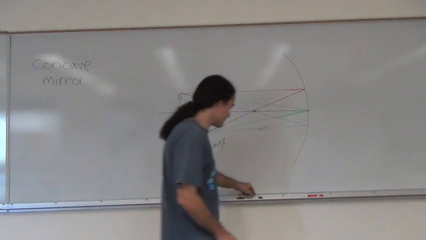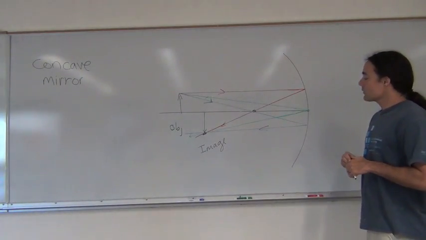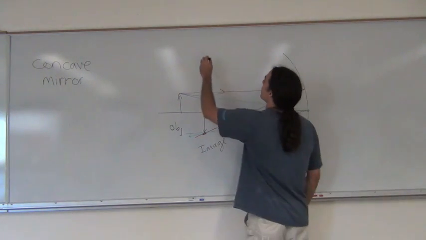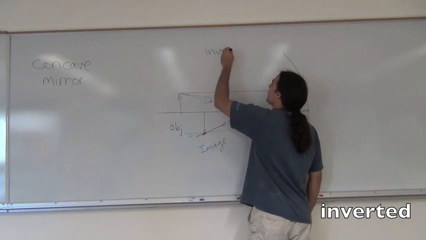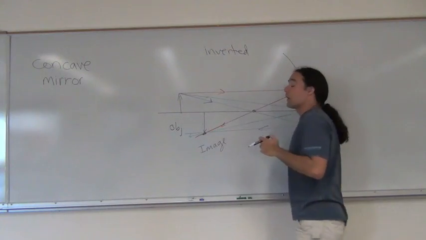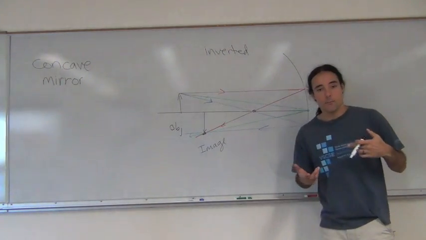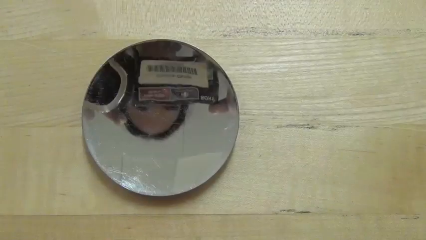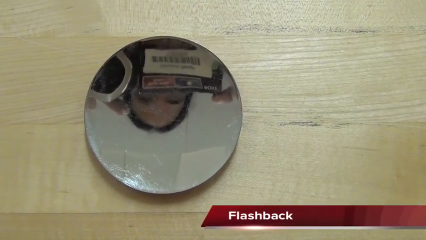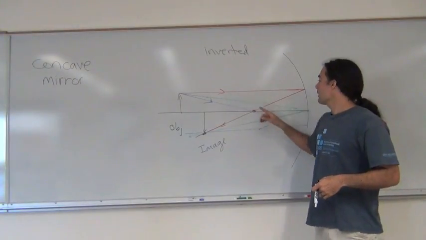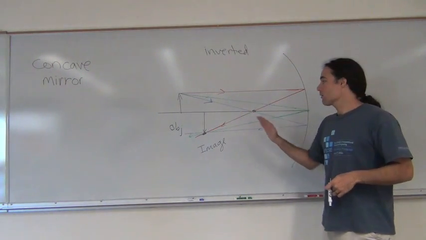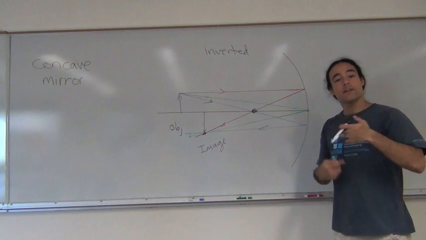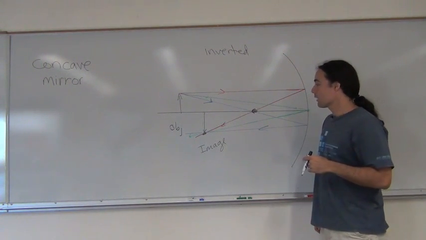Well, we can list a few things about it. First of all, we might notice that it is inverted. So when I was looking at the mirror from far away, that's why my head appeared upside down. Because when I look at a concave mirror at an object that's beyond the focal point, it is going to appear upside down.